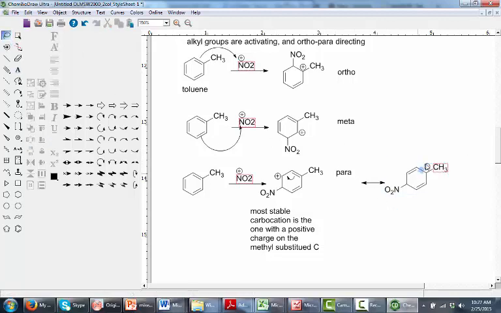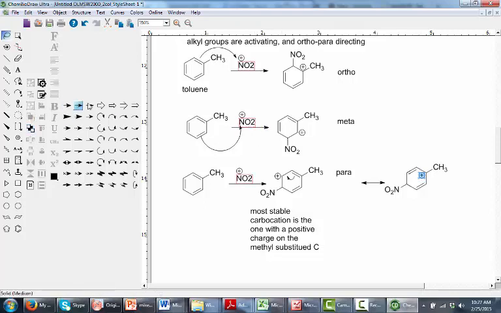Even though the ortho, the most stable carbocation is the one with the positive charge on the methyl substituted C, so that I see in this case. In the para case, that positive charge does not initially start on that C, but it's very easy for me to draw a resonance form to put the positive charge onto that carbon, so that's what I see over here.